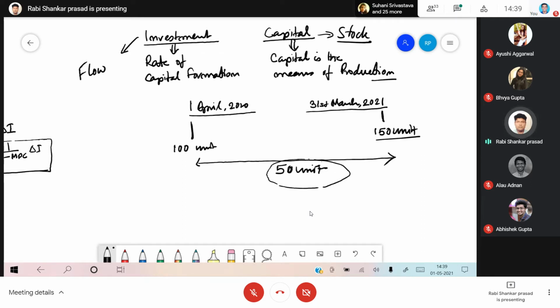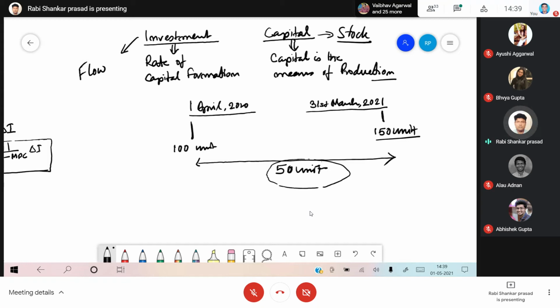If a country is adding more and more capital, it means they are going for more investment. More investment means more capital formation, more capital formation means more stock of capital, and more stock of capital means more production potential in that country.